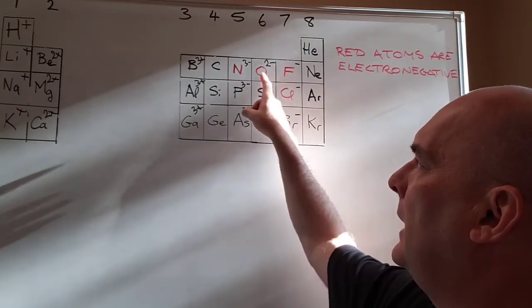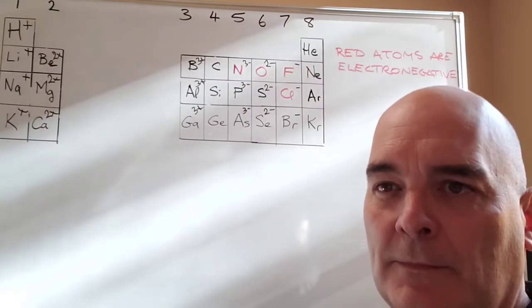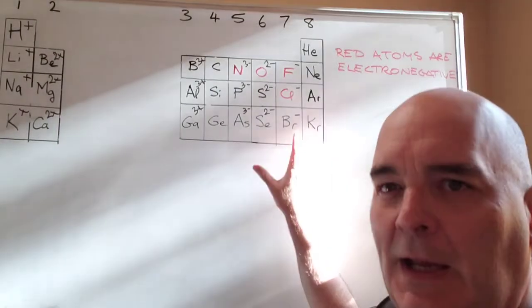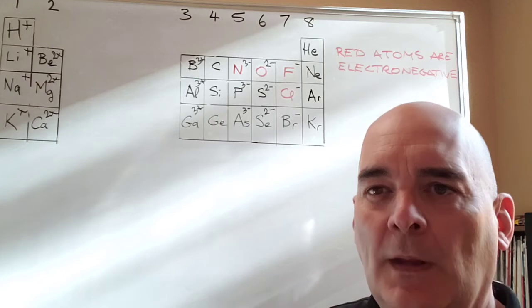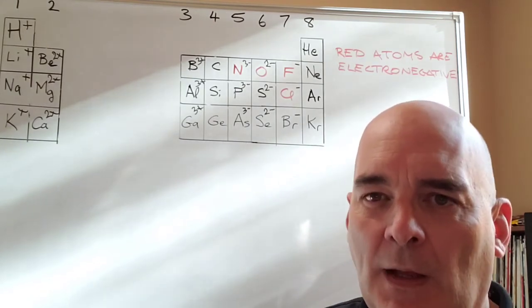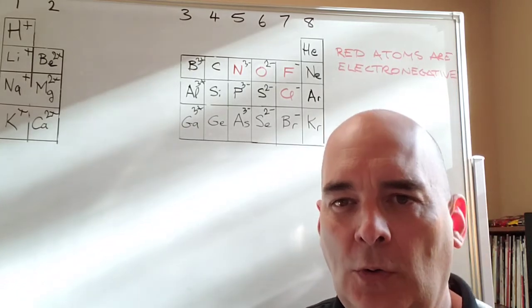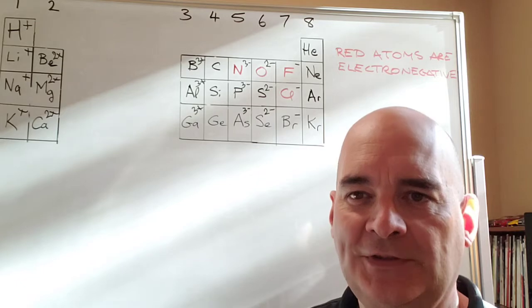This side of the periodic table, the far right and towards the top, those atoms are electronegative. Electronegativity is the ability of an atom to pull electrons towards itself.